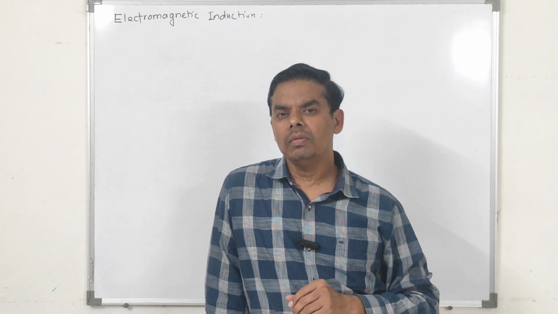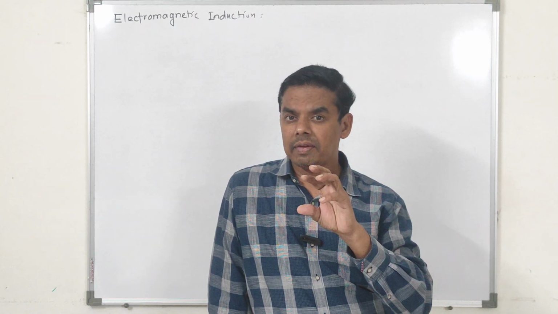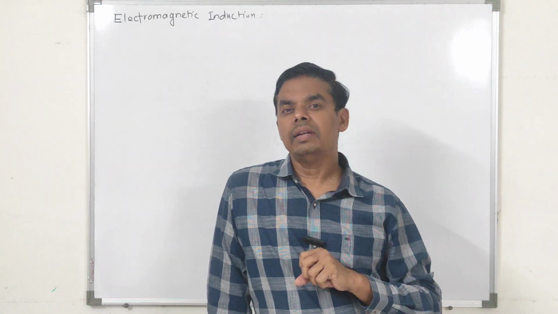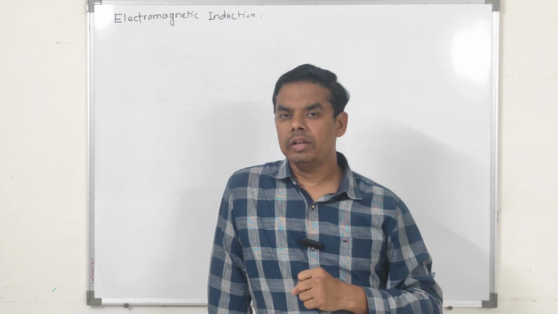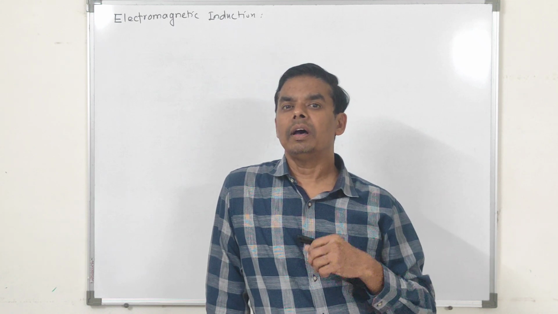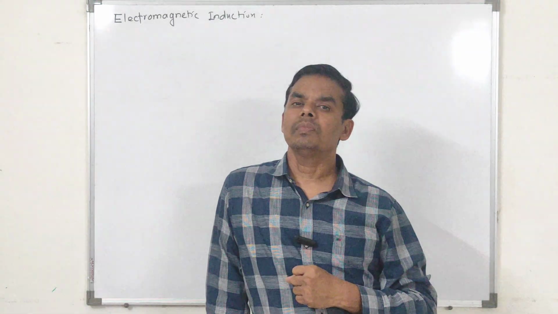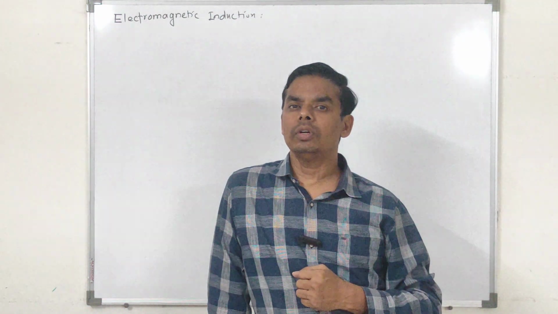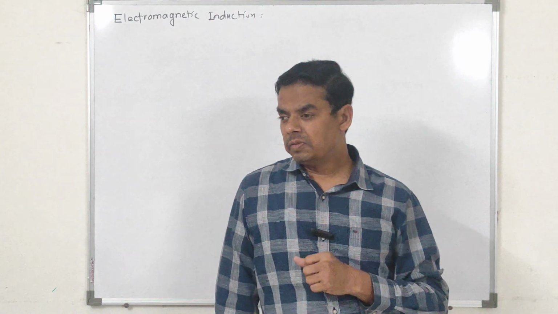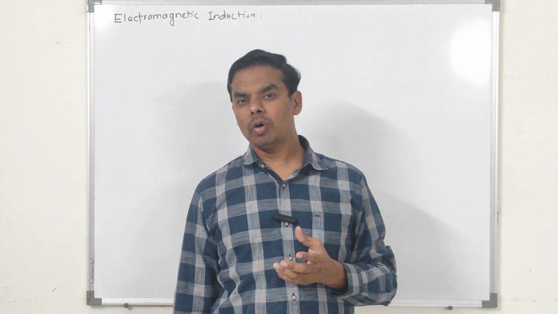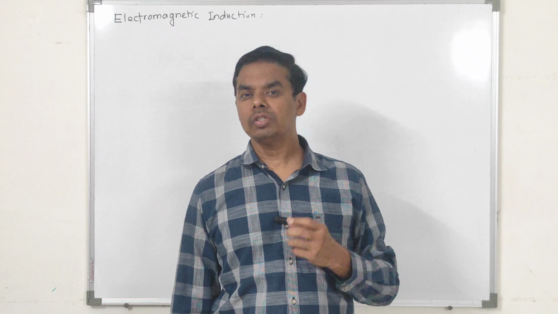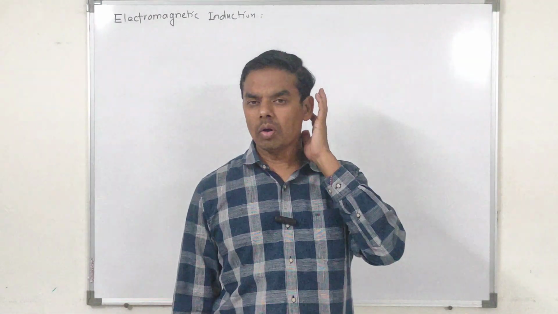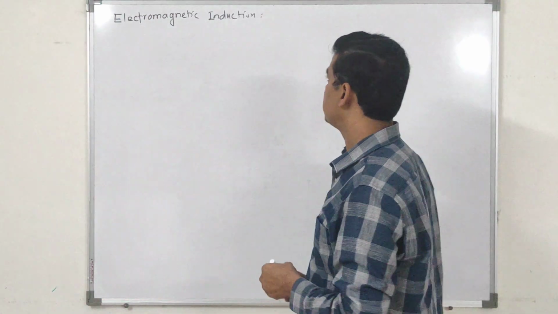Whenever a bar magnet has relative motion with respect to the coil, this bar magnet applies force on the stationary charges, and due to that force, an EMF is induced in that coil. This phenomenon of induction of EMF in a coil due to change in magnetic flux associated with the coil is called electromagnetic induction. I think all of you have understood the concept.